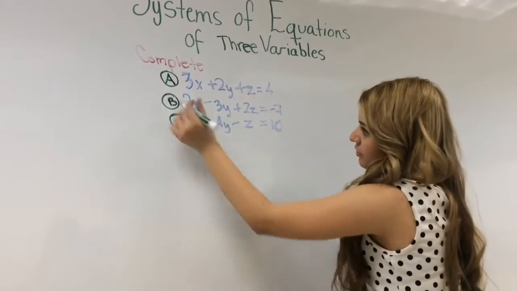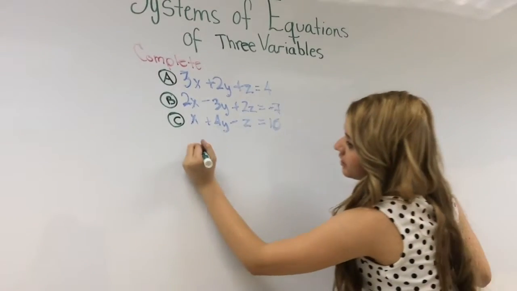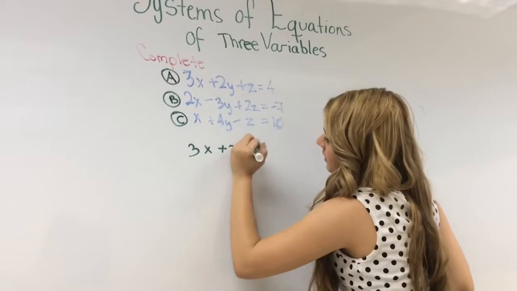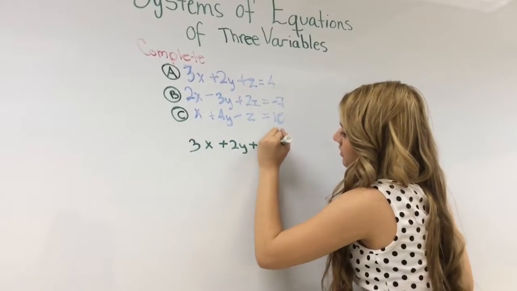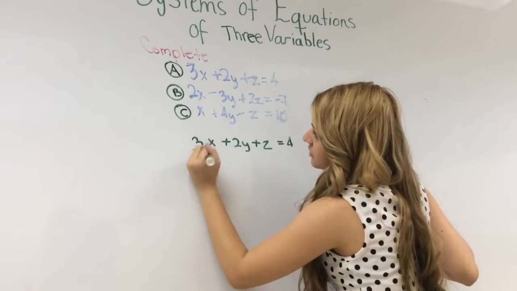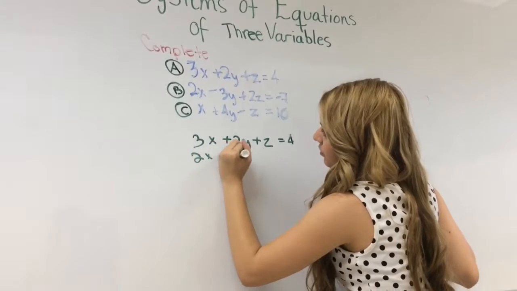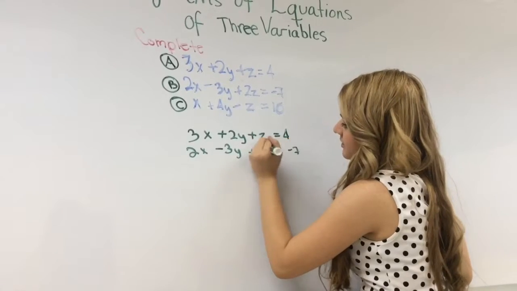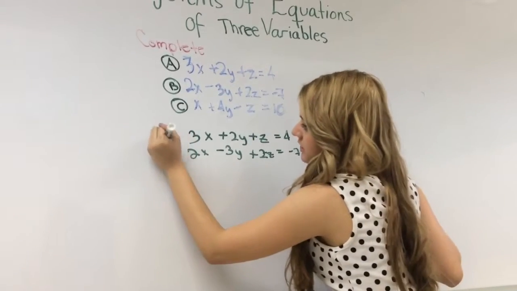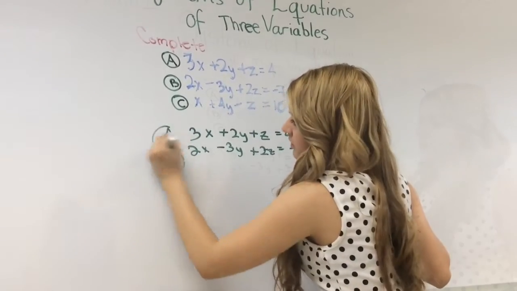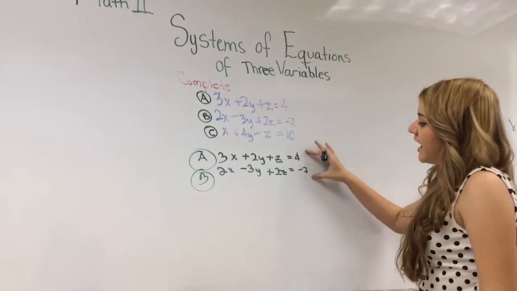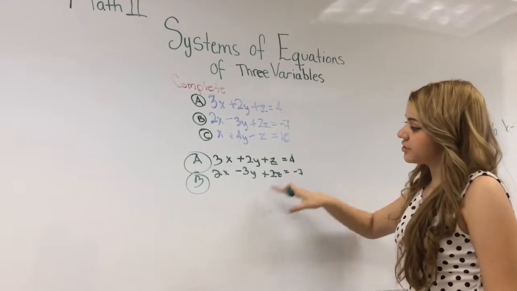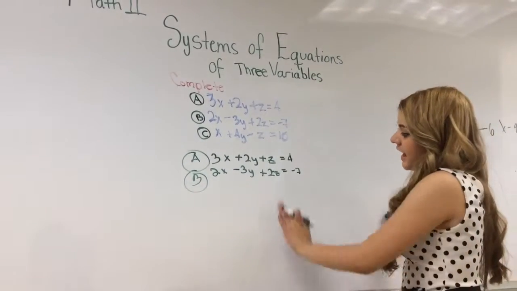So I will choose AB. And here I'll put 3x plus 2y plus c equals 4, and 2x minus 3y plus 2c equals minus 7. This is A and this is B. When I have my equations in order, I will choose one of the variables to cancel. In this case, I will cancel c.